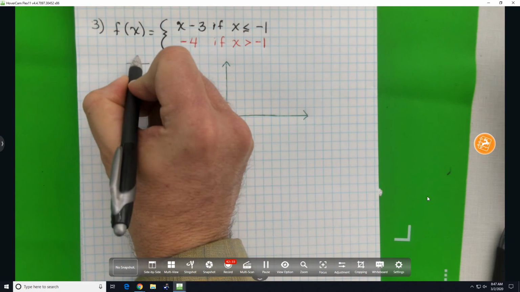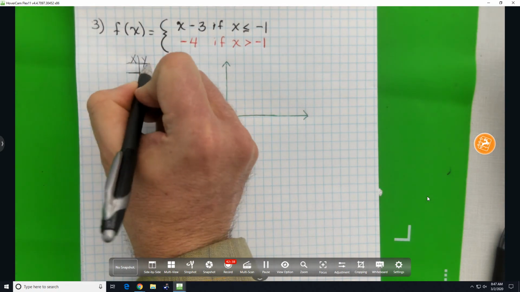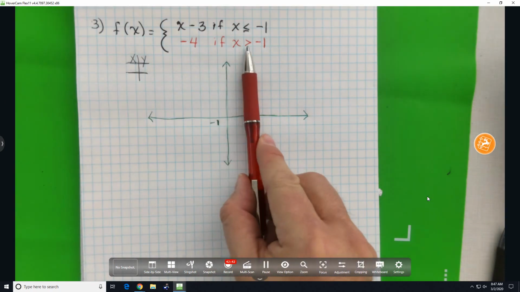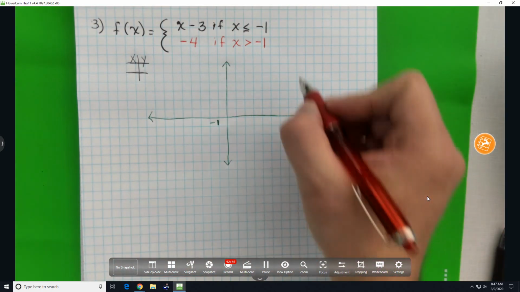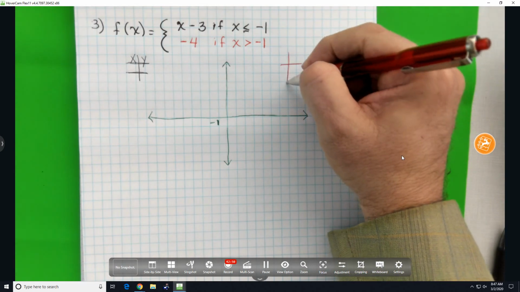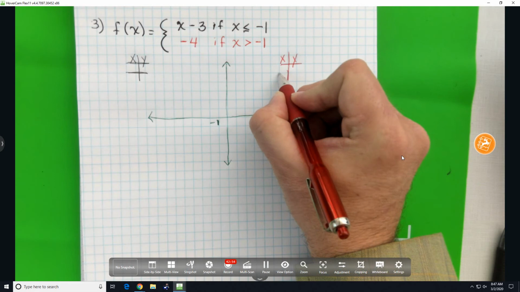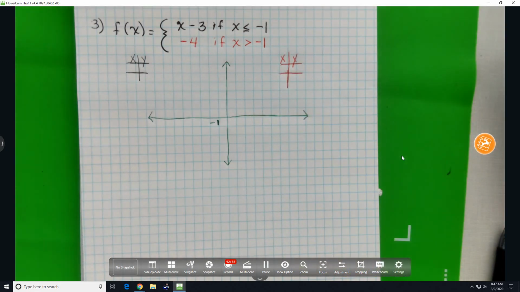So over here we'll have a black one. And for x bigger than negative 1, look at how the symbol's pointing to the right of negative 1. So I have my red XY table over here.